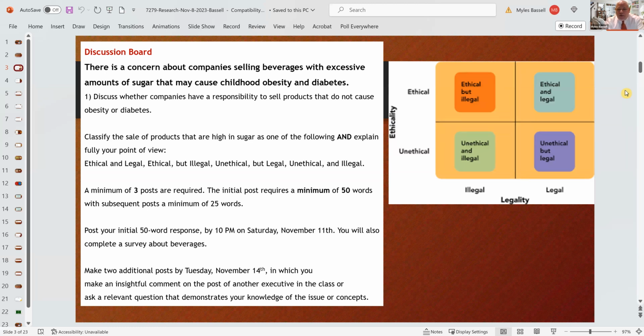Make your initial post, right? I'm sure you already have opinions about this topic. Make your initial post, which describes your perspective on this issue, and then 2 more posts on what other executives have posted to the discussion board.